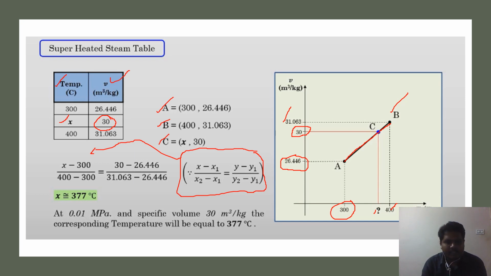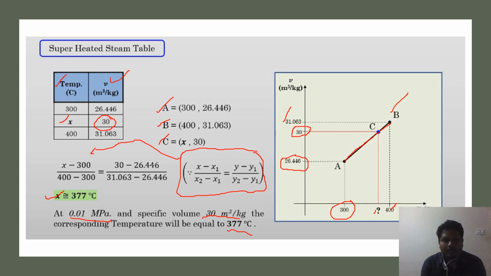If you simplify this equation, the value is x equals 377 degrees centigrade. So at 0.01 megapascal and a specific volume of 30 meter cube per kg, the temperature is 377 degrees centigrade. This is how we can find an unknown value in the steam table by using interpolation.